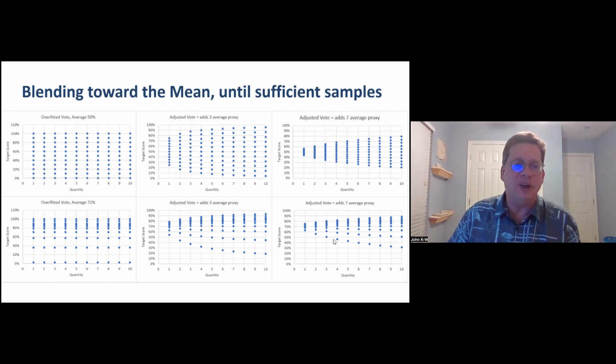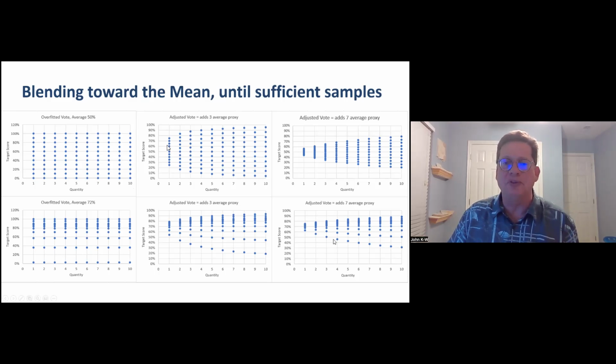There's a couple of different techniques for this, but they call it shrinking, blending, or smoothing, to be able to take predictions where we have just one entry or one record representing the overall score compared to, in this instance, 10 different records representing the percentages.